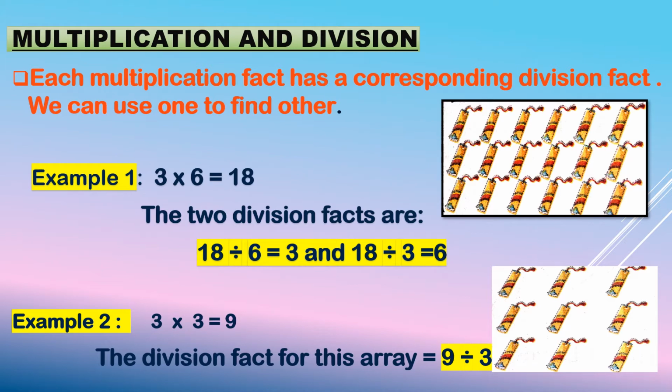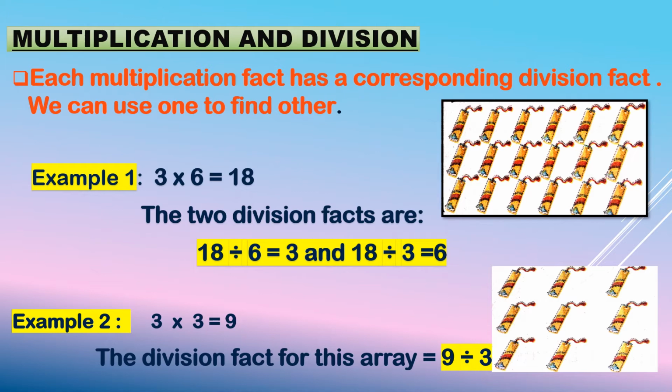It means 3 into 6 is equal to 18. So the division facts for this multiplication are 18 divided by 6 equal to 3 and 18 divided by 3 equal to 6. So if you multiply any two different numbers, there are two division facts for that multiplication.